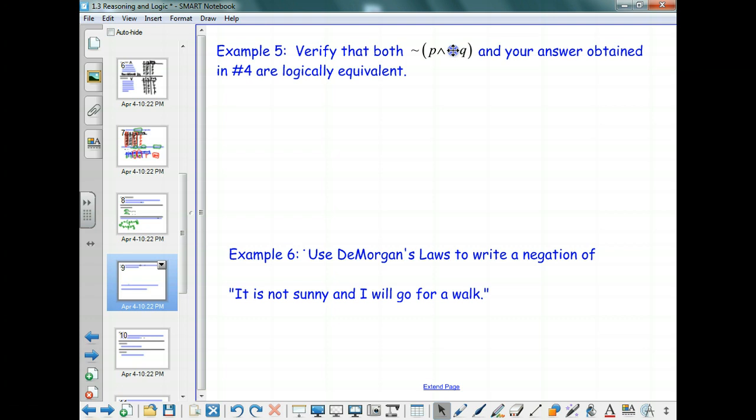So let me show you what that means. We had, on the example before, tilde of P and tilde Q like this, and we created the statement that said tilde P or Q like that. Those were my two statements that we said were logically equivalent, correct? Okay. So we're going to verify that this really worked, and we're going to do this with a truth table.